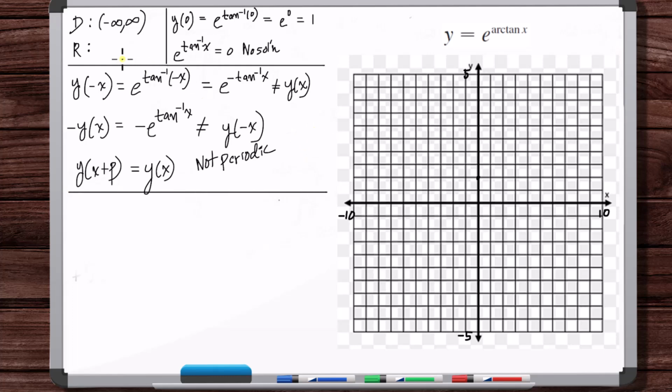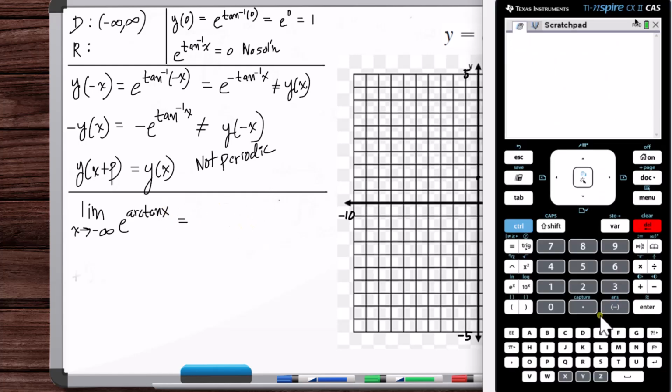Next, let's analyze the endpoint behavior. To do this, we take the limit as x approaches the endpoints of the domain of the function. So what is the limit as x approaches negative infinity of e to the arctangent of x? Okay.